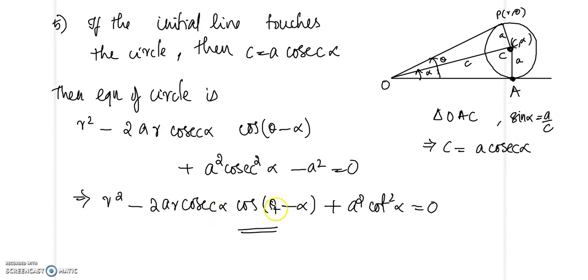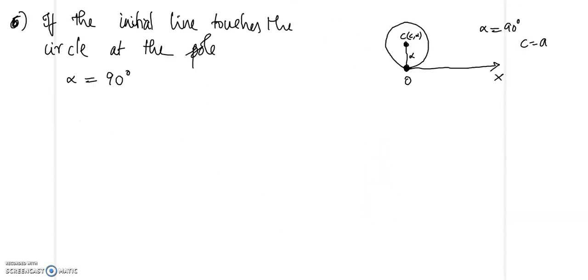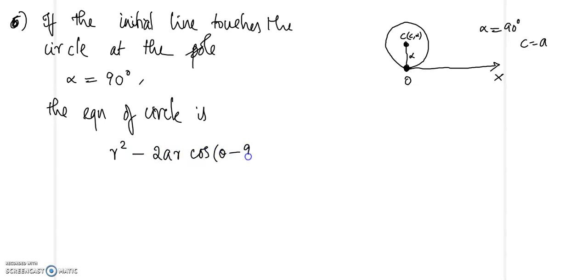So we will get cos(theta minus 90 degrees). Now cot square 90 degrees will be equal to 0, so that term goes out. So the equation of the circle will be r square minus 2ar cos(theta minus 90 degrees) equal to 0.